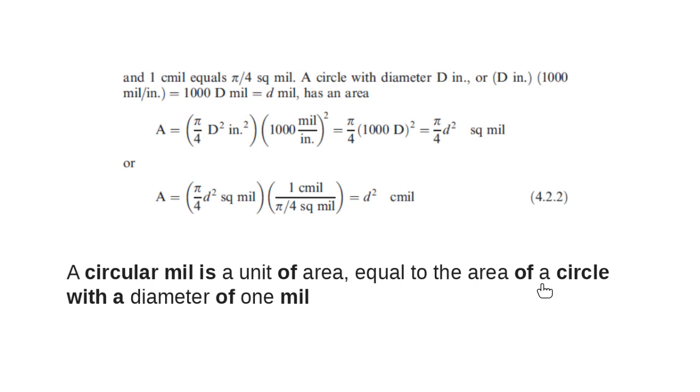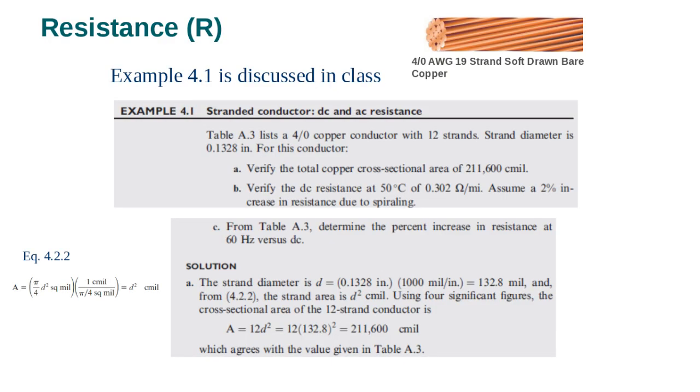Okay, we mentioned the relationship between square mill and circular mill. Please remember this. Now, what we want to do, this is an example in your textbook. The picture here has nothing to do with the example, but it's just to show you what we mean by 19 strand.